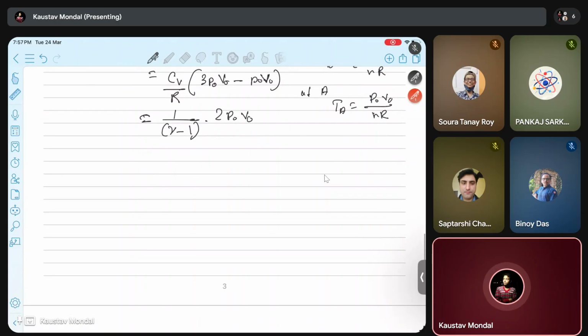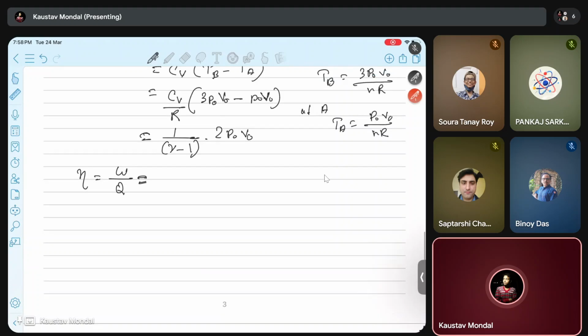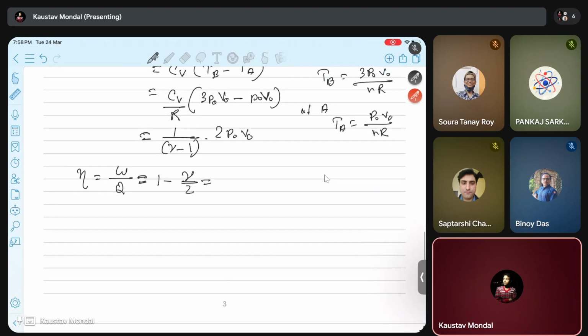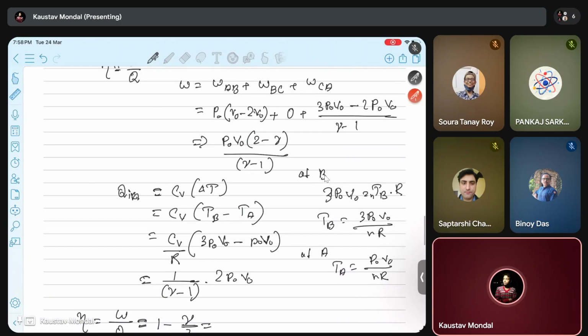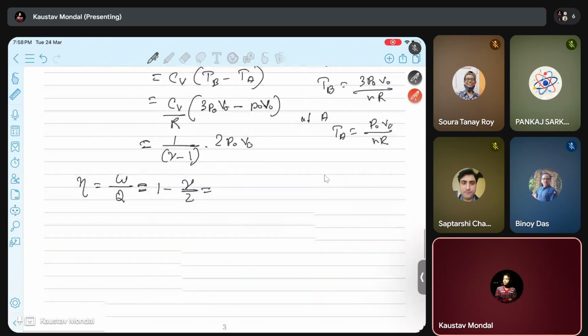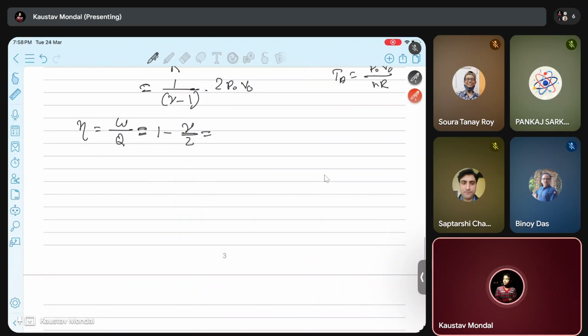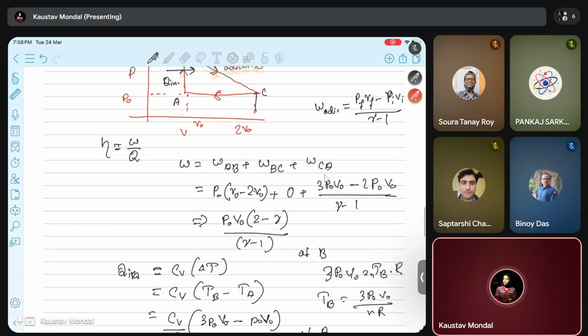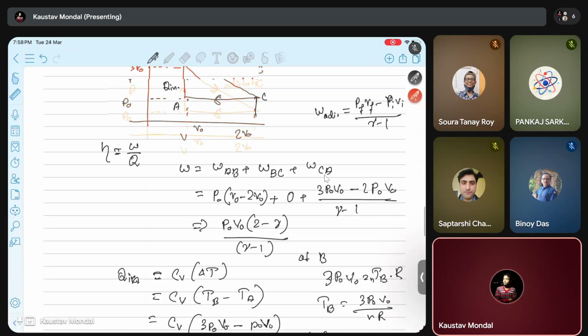Now from here you can write eta as W by Q. Now if you substitute it, it will become 1 minus gamma by 2. If you substitute the value of gamma, you will get this as 0.3. This will be the value of eta. Okay.